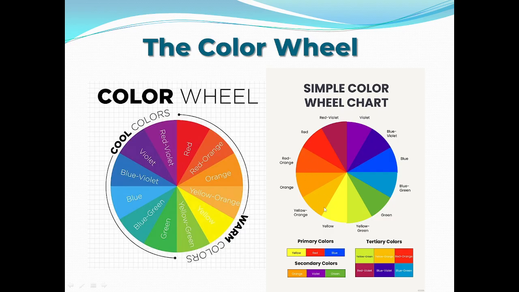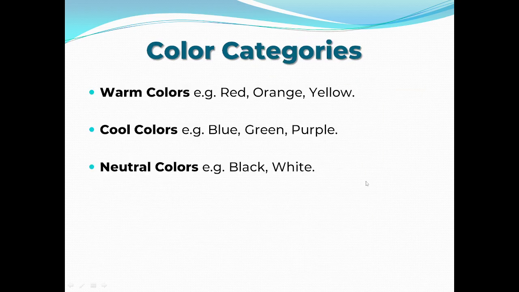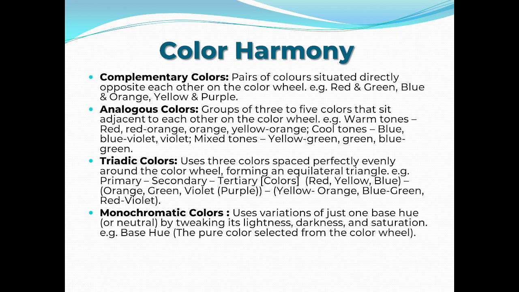You can see the same thing here with blue, blue-green, yellow-green and all those. Those are analogous colors; they sit adjacent to each other on the color wheel. Complementary, they are opposites. Analogous colors, they are adjacent to each other.